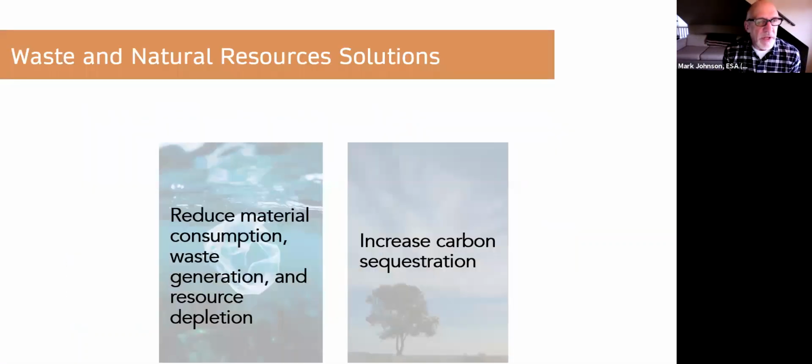So we also are looking at waste and natural resource solutions. One of those is to reduce waste and material consumption, and what we were looking at there was specifically solid waste. In 2017, the waste generated per person was about 770 pounds of solid waste.